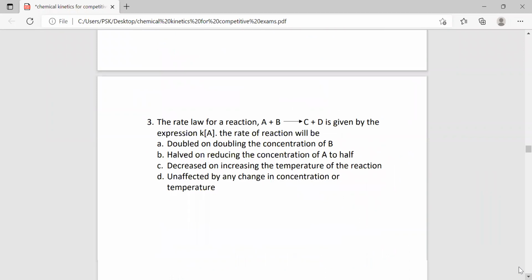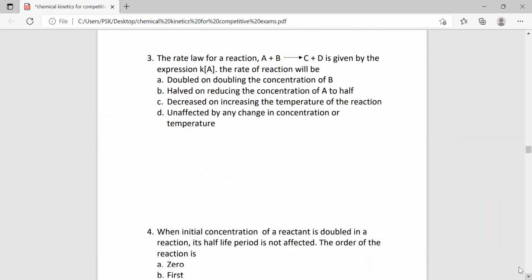The rate law for a reaction A plus B giving you C plus D is given by the expression K into concentration of A. The rate of reaction will be: doubled on doubling the concentration of B, halved on reducing the concentration of A to half, decrease on decreasing the temperature of the reaction, or unaffected by any change in concentration of the reaction. Now, if you see here, the rate law R is equal to K into A. That is what they've given.